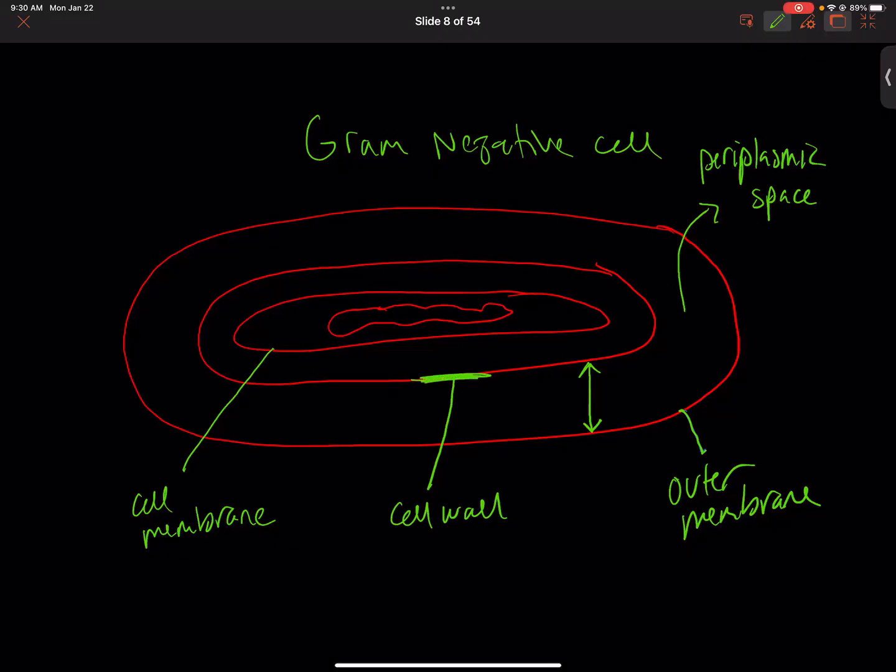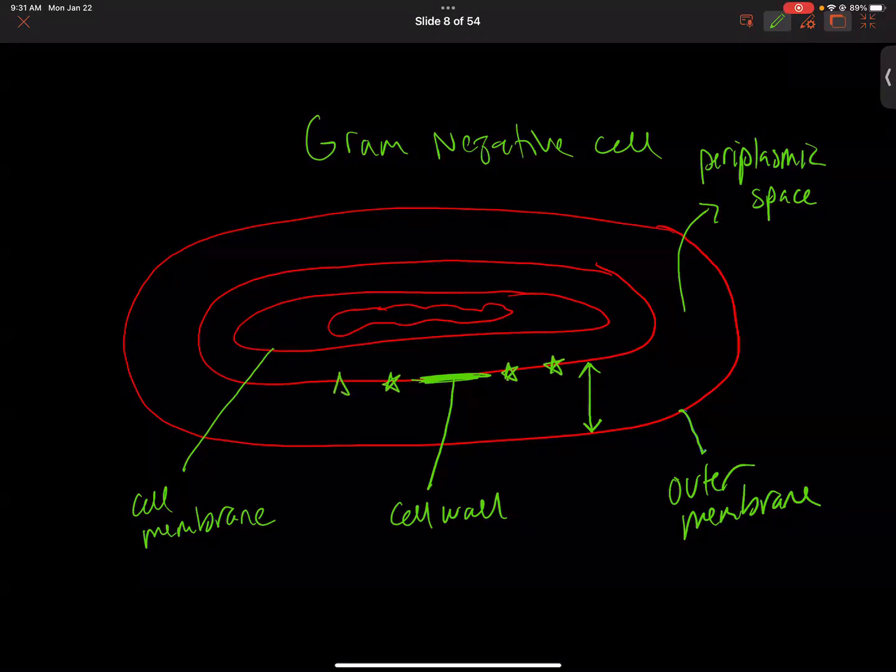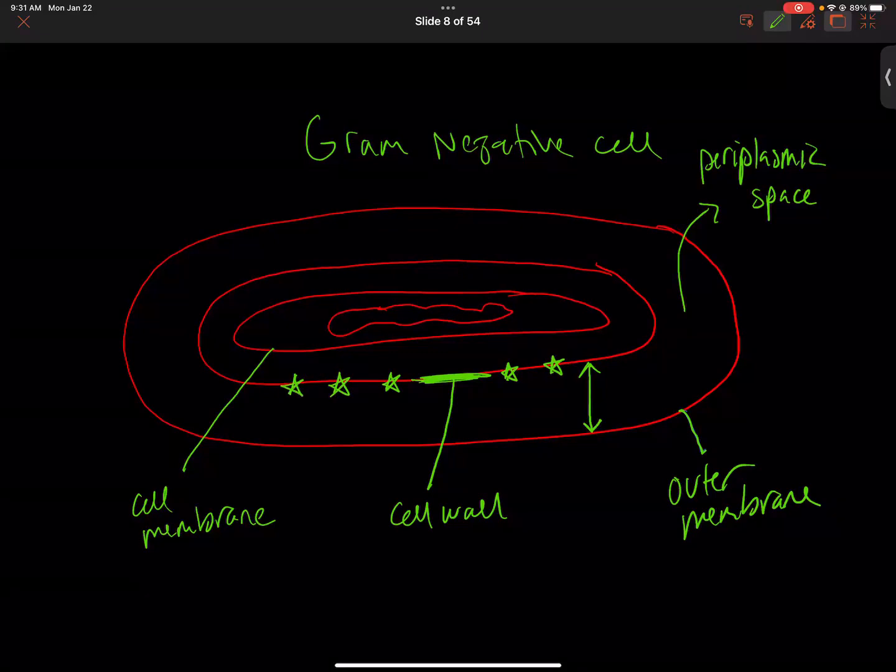Here's the cell wall, which is peptidoglycan in nature, a very thin layer of cell wall. And on that cell wall, those stars are meant to represent the targets of your beta-lactam antibiotics. Those are the penicillin binding proteins.